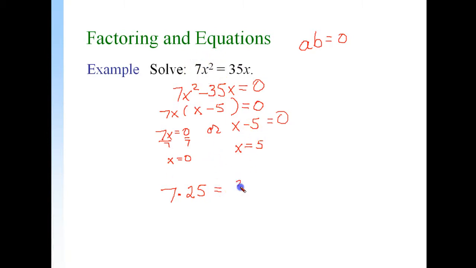And then it would be 35 times 5. And these are the same. This is 175, and this is 175. So they check. Okay? So both of these answers solve this equation.